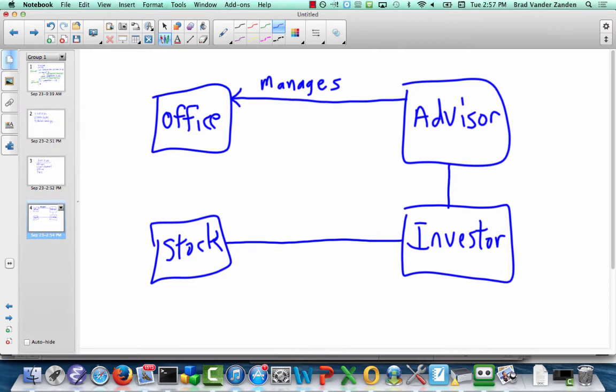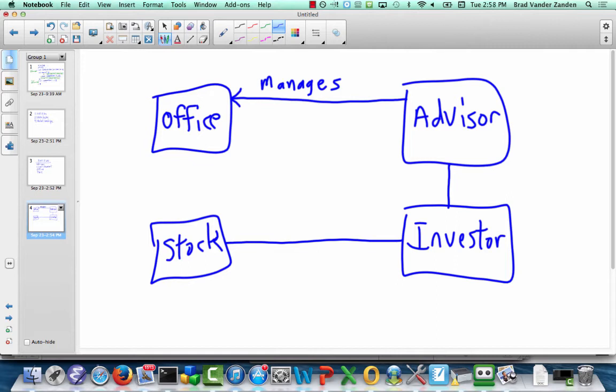Okay, and this actually kind of gives us a good idea of what the participation rates here are. It says an office is managed by one of its advisors. So it's not one to many, it's one to one.